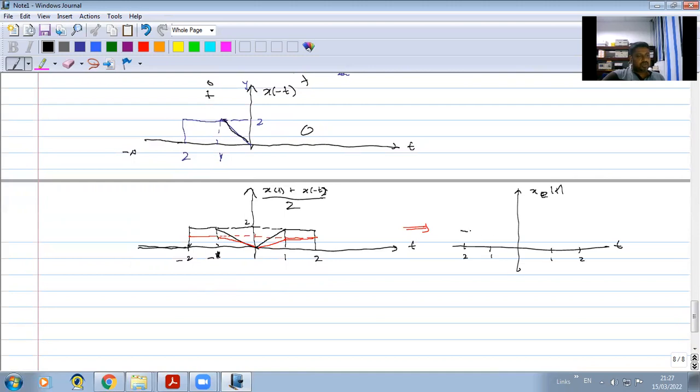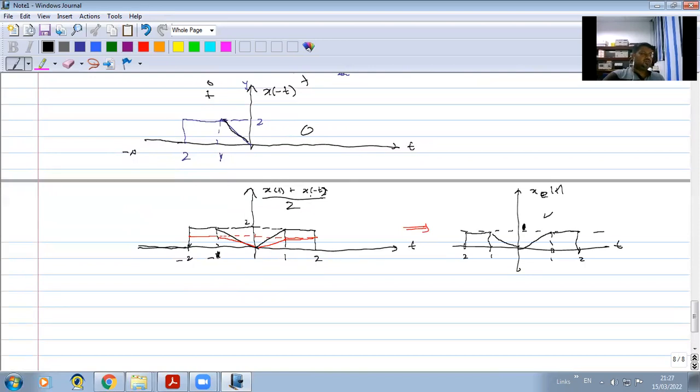This is not up to 2, it is up to 1. So this is the even signal, we have divided it by 2.